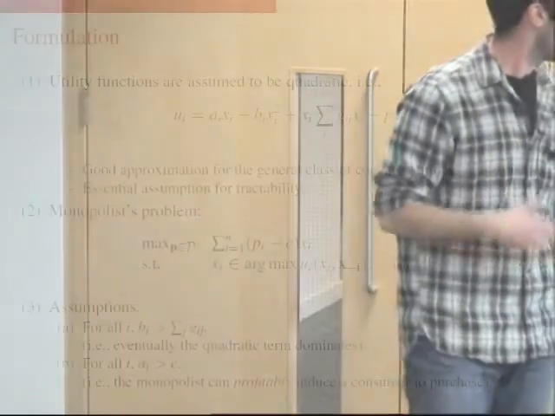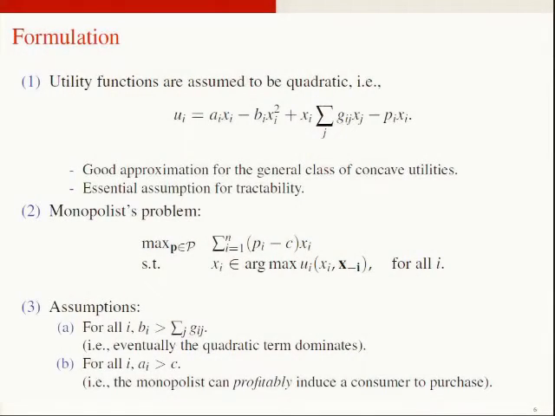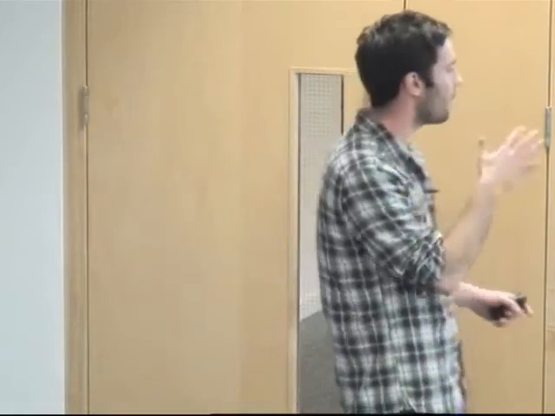Okay, and we have a bunch of assumptions here. The quadratic term in the utility function eventually dominates. Otherwise, an equilibrium would be everybody consuming infinite amounts of the resource. And the second one is not crucial. We use it for simplicity.